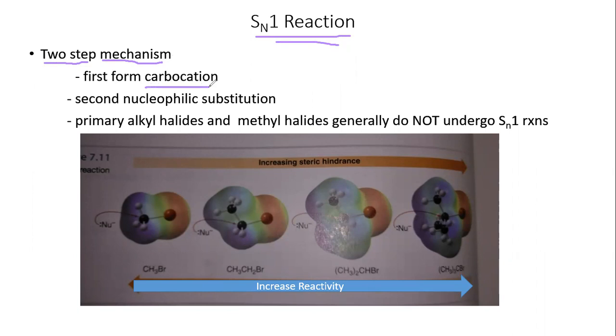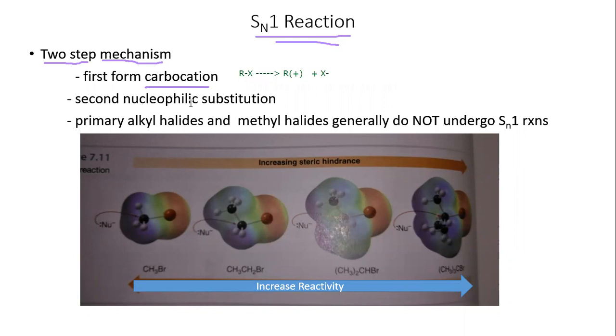That means the halogen leaves the alkyl halide, forming a carbocation. So for example, that's always the first step.